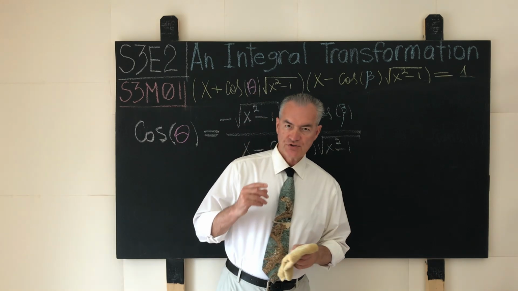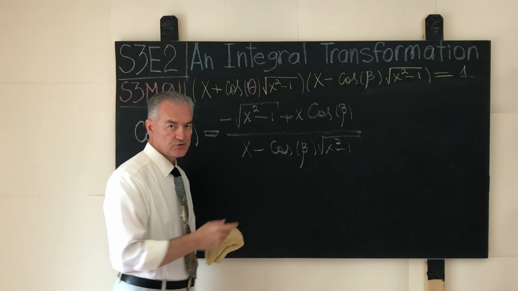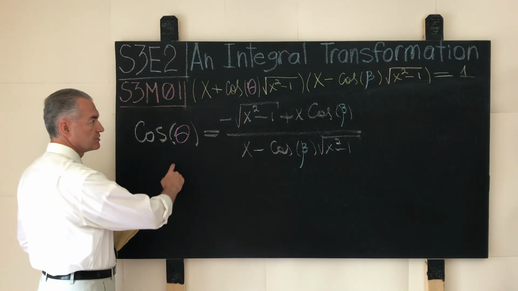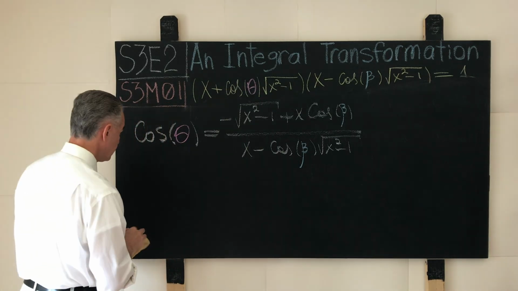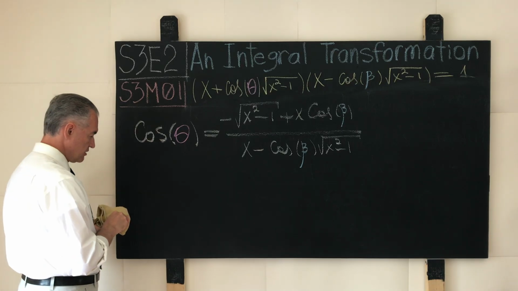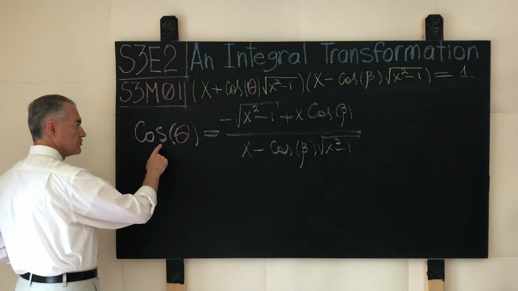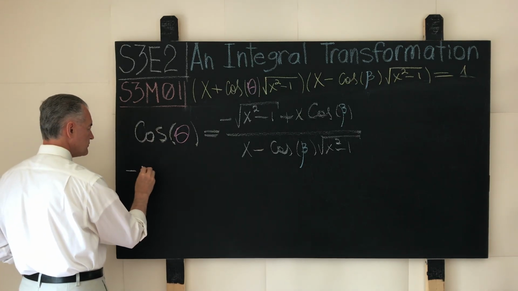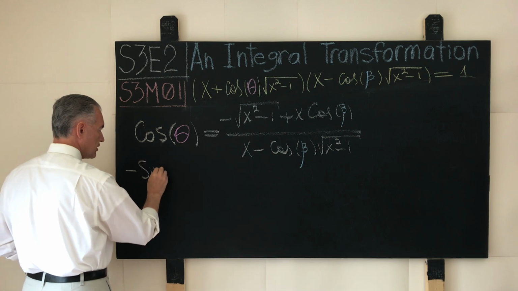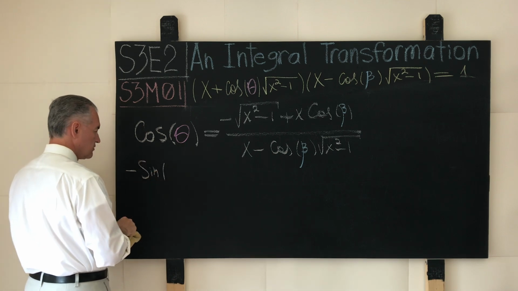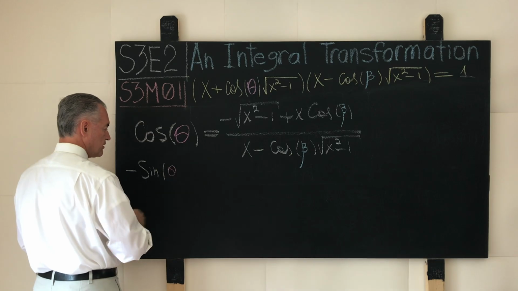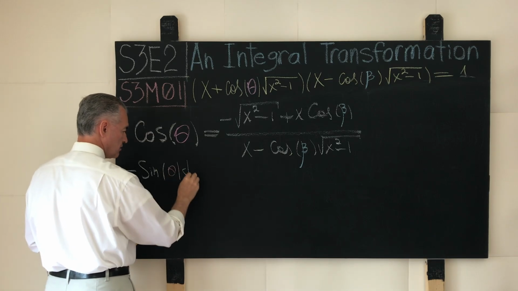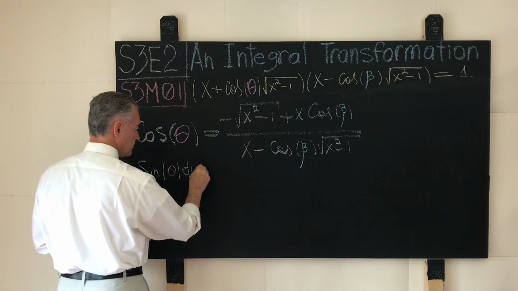Computing the first differential of both sides of the relation that we deduced in the previous segment, we obtain the following. The first derivative of cosine is minus sine of theta, and then d theta.